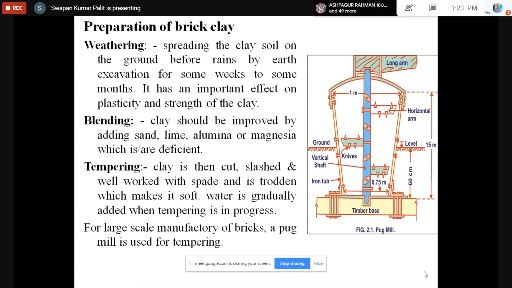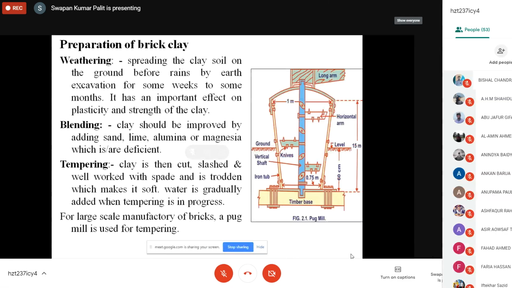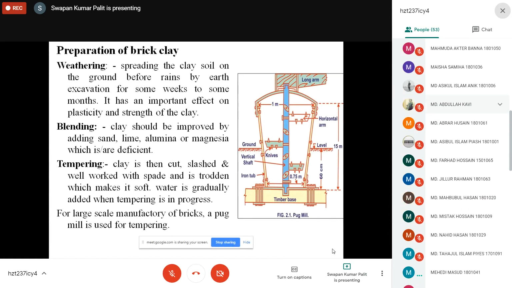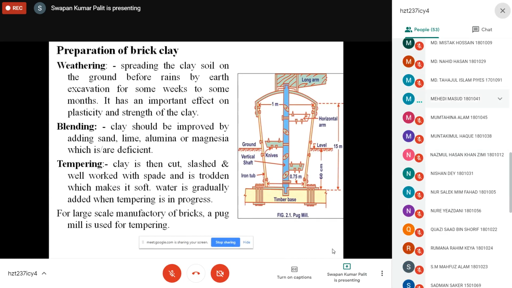Pug mill, you can see on the screen a cross section of a pug mill. There are various types of knives and one long arm, one vertical shaft. So sometimes in exams, the shape of this pug mill can arise there with the working principle.